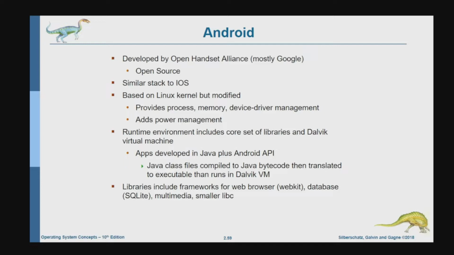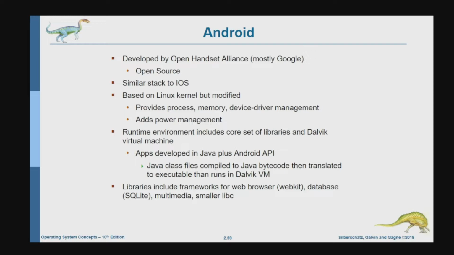Apps are developed in Java plus the Android API. A Java class file is compiled to Java bytecode, then translated to an executable that runs in the Dalvik virtual machine. Executable here means it is translated to the .exe file.